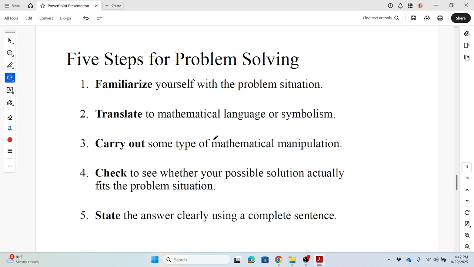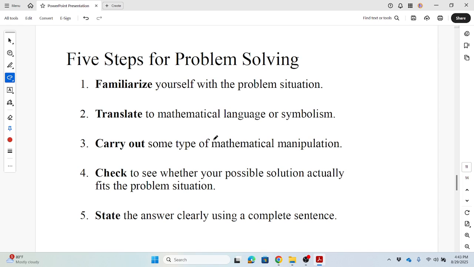You can always translate a real life problem into mathematical language using mathematical notation and symbols like equations and variables. And you have to use mathematical manipulation like the addition rule and multiplication rule while solving the equation.